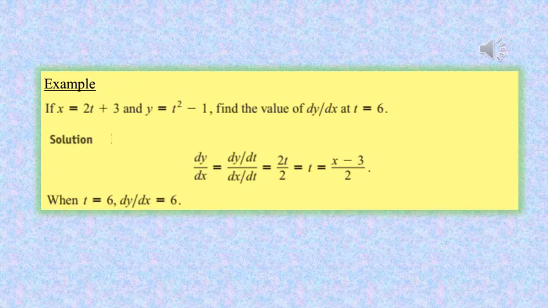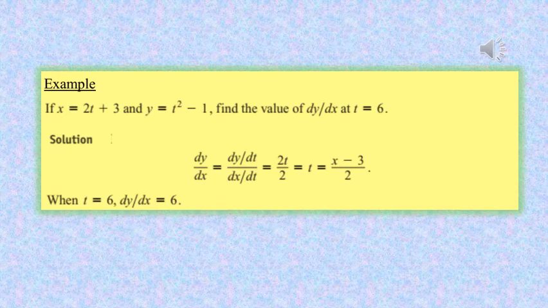For the slope, we know the formula dy by dx equals dy by dt divided by dx by dt. So first we calculate dy by dt. For dy by dt, we apply the derivative d by dt on the function y equals t square minus 1. The answer will be 2t. And for dx by dt, we apply the derivative d by dt on the function x equals 2t plus 3, and the answer will be 2.